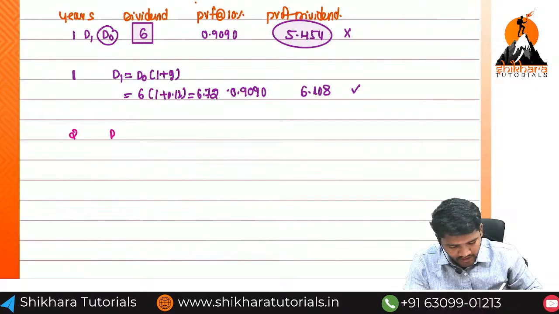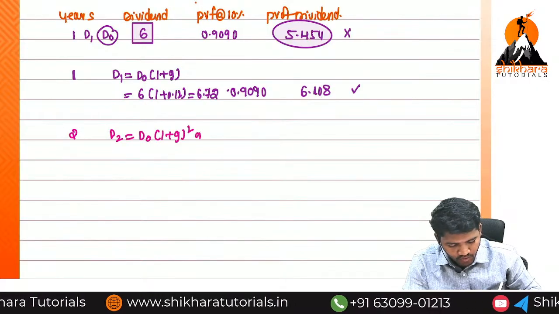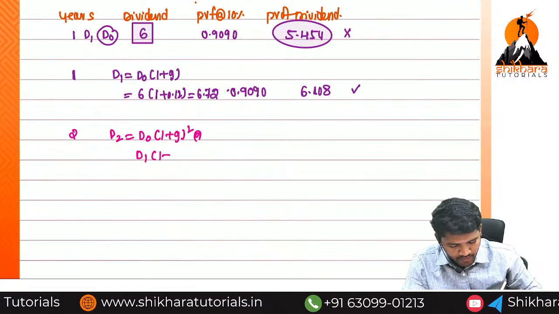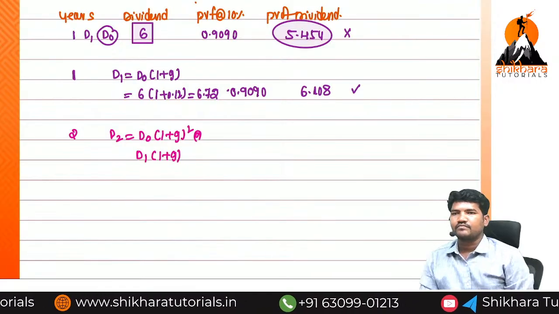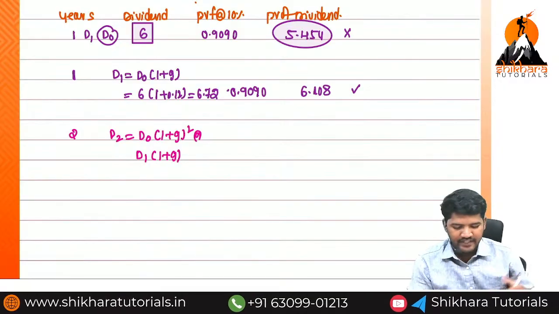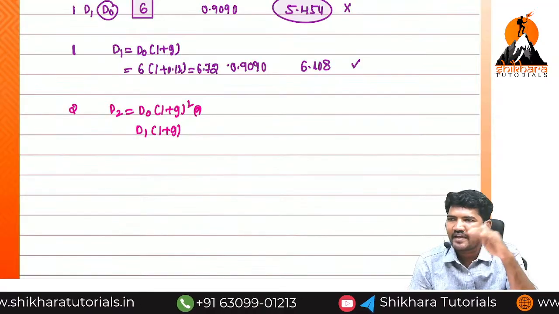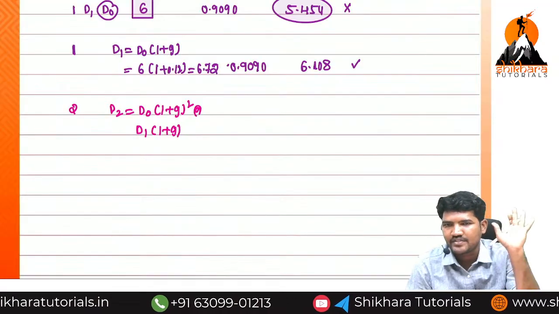You can do D2 equals D0 into (1 plus growth) squared, or D1 into (1 plus growth) directly. You will get the same values. For the initial stage I am writing it individually and clearly. Next time I will give direct answers.